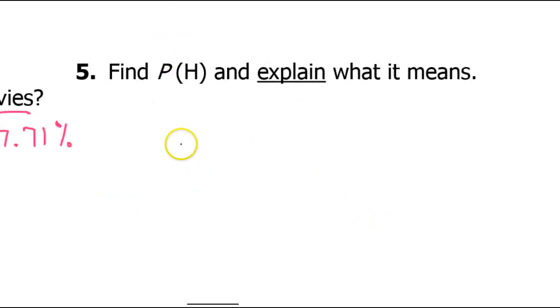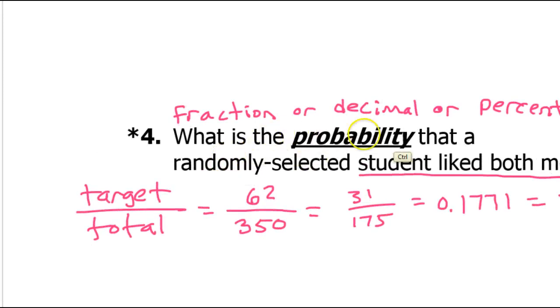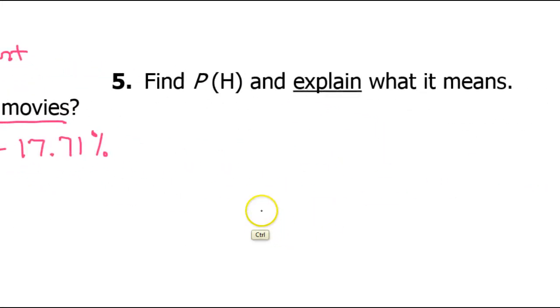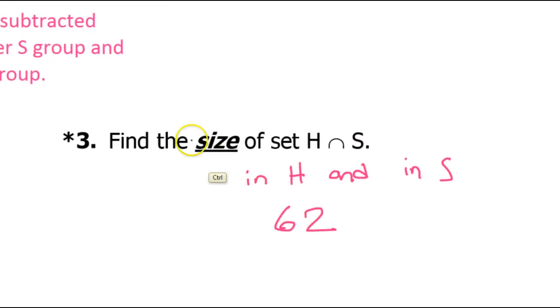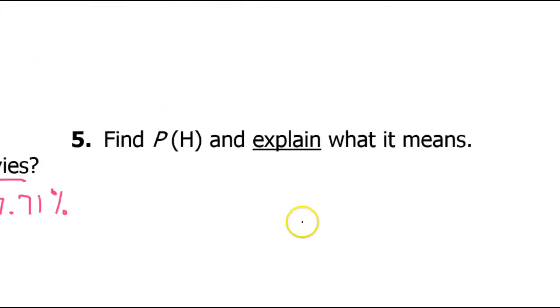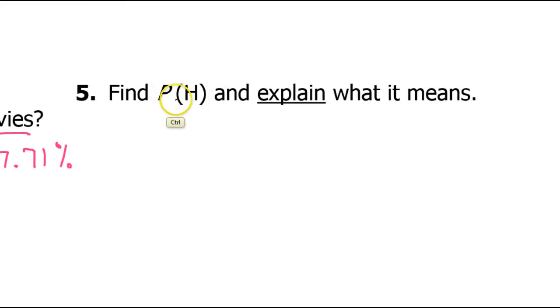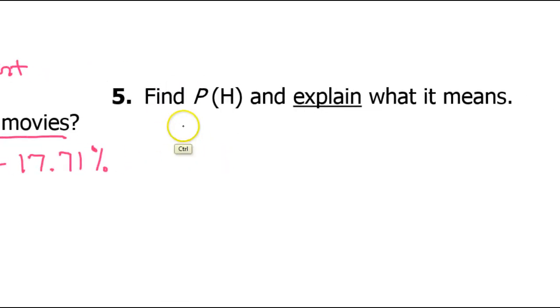Now, in problem number 4, I gave you the word probability, so you knew to do target over total. On this problem, and in problem number 3, I gave you the word size, so you knew just to give me a number. So problem number 5, I'm giving you these symbols. Based on these symbols, am I looking for just the size of a set, or am I looking for a probability?